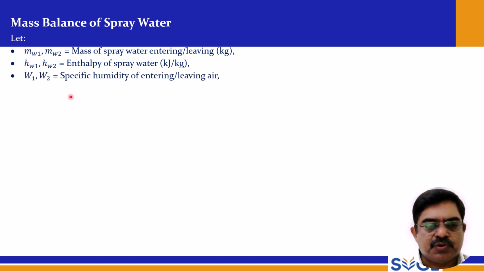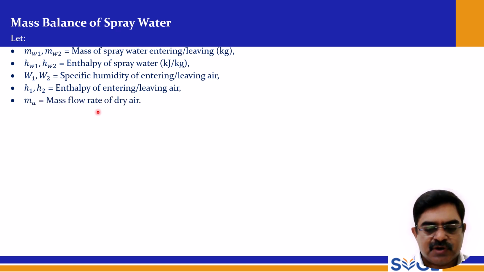W1 and W2 are the specific humidity of entering and leaving air. H1, H2 are the enthalpy of entering and leaving air. MA is the mass flow rate of dry air.